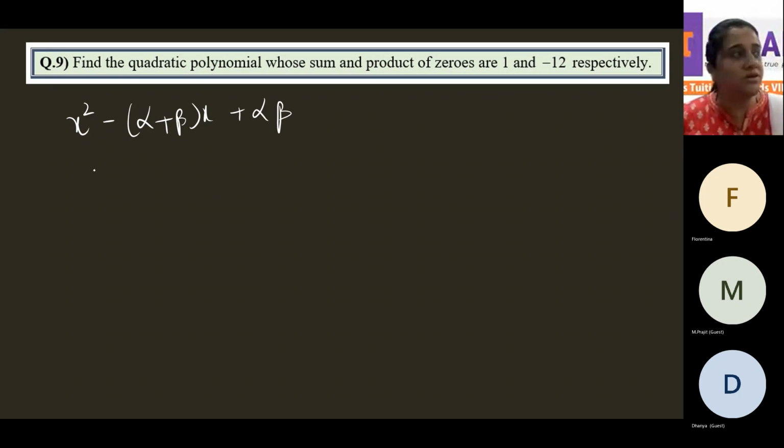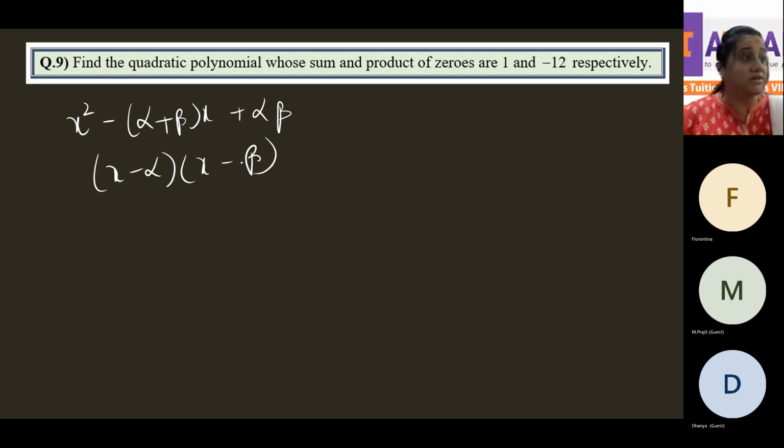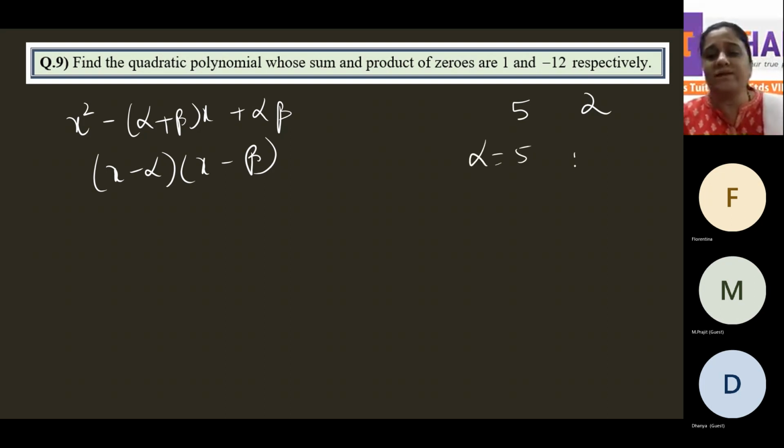Or you can also construct using x minus alpha into x minus beta if the zeros are given. Supposing the zeros are given to be 5 and 2, that is alpha is 5, beta is 2, then x minus 5, x minus alpha, into x minus beta, x minus 2.